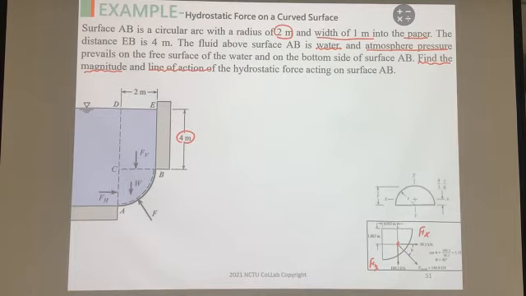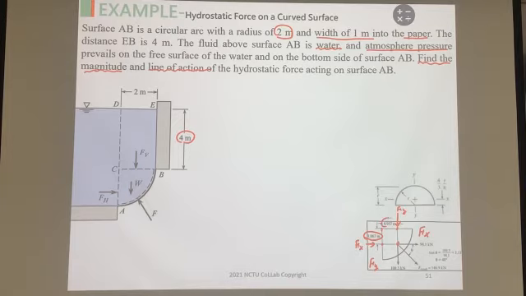So you see the Fx at this point, and the distance between these two points is this value. And the y force acts on this point, this is Fy, and this is Fx.